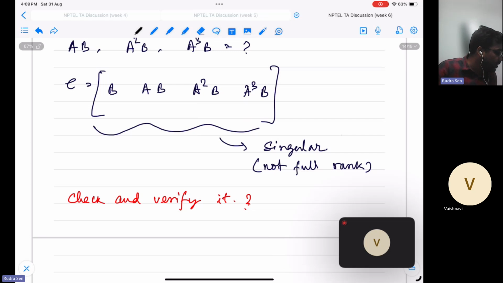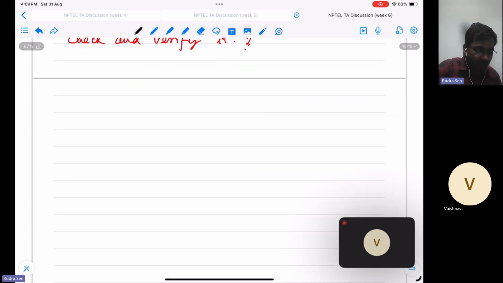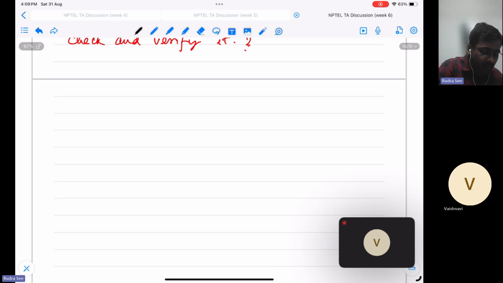Now we move to the next topic. There is another process by which we can find the controllability of a system.